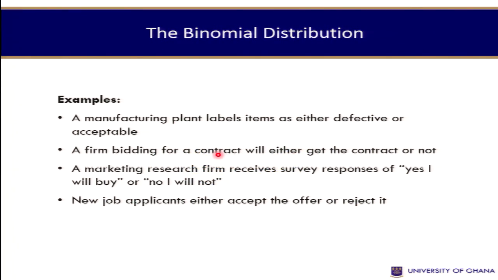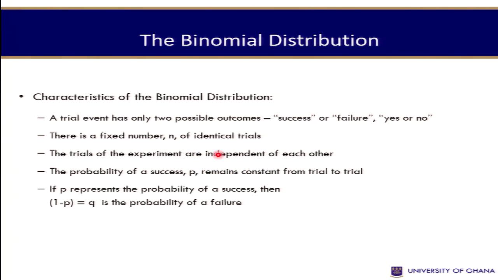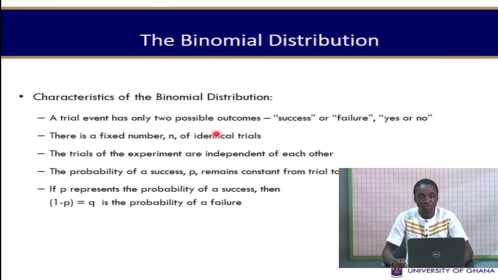Let's look at certain characteristics of the binomial distribution. The trial or the binomial event has only two possible outcomes. That's what we said, either success or failure. And then there's a fixed number of identical trials.